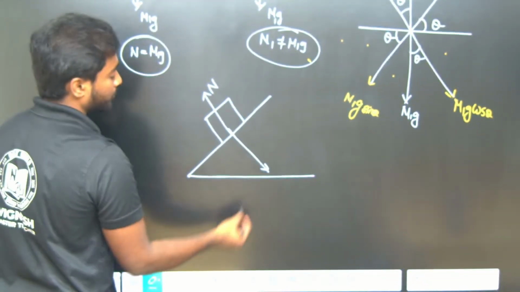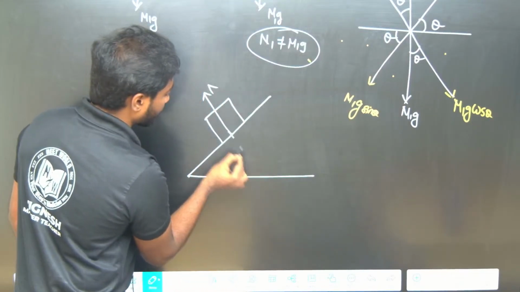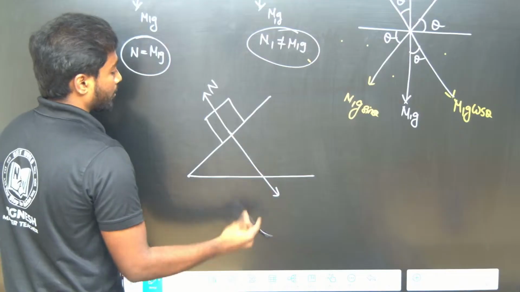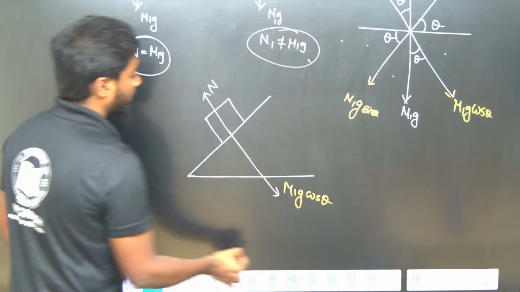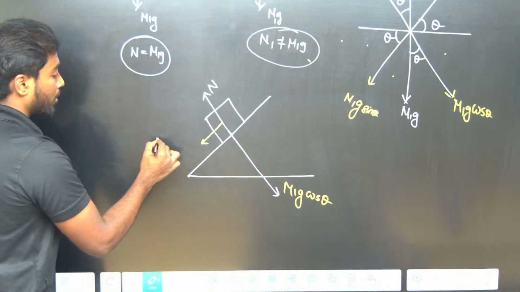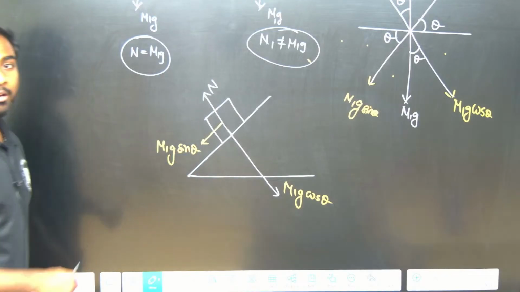So now I can say that this is my block, and this is my N, and this is my M1G cos theta, and due to M1G sin theta, the block is coming down.